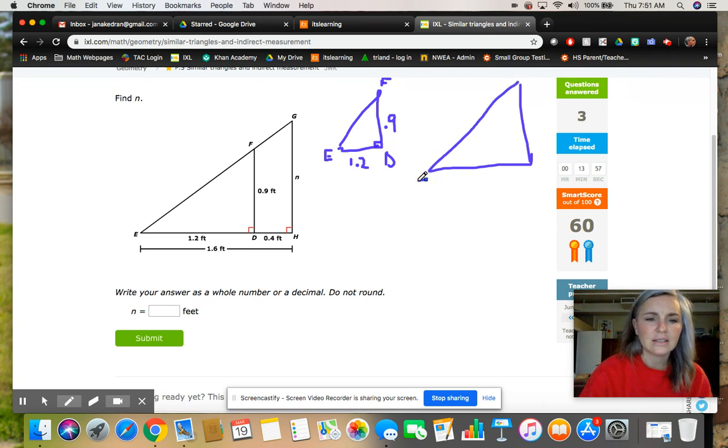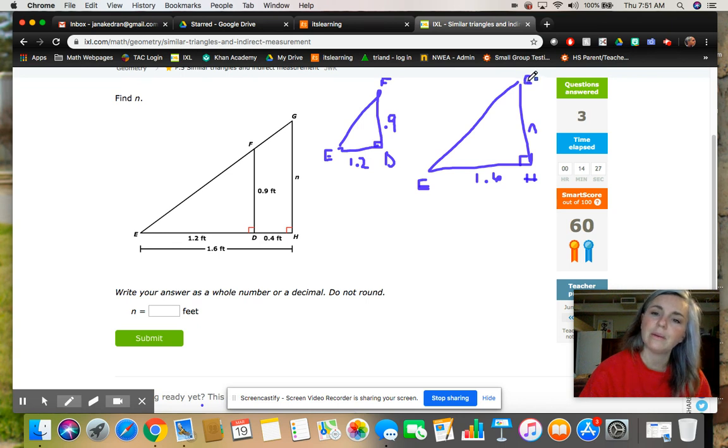And it is E. See, they share E. And this is a right angle. This is H. And they actually tell me this whole base is 1.6, which is kind of nice. I definitely could have just added the 1.2 and the 0.4 to get 1.6. Then this side is N, and this angle is G.